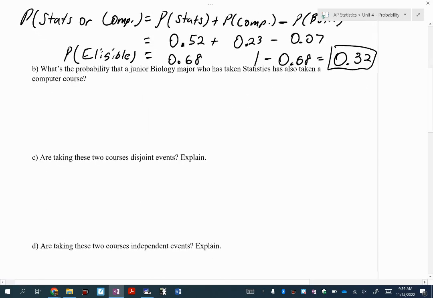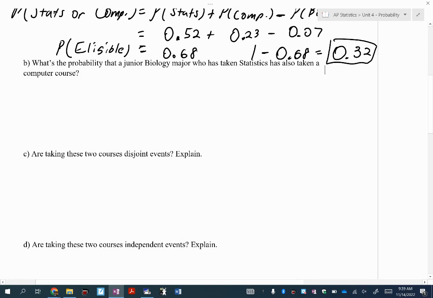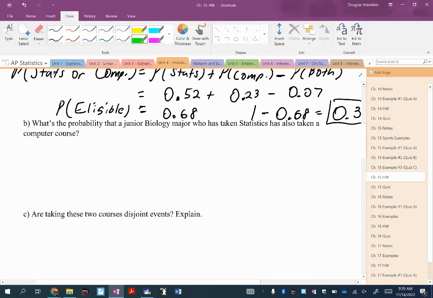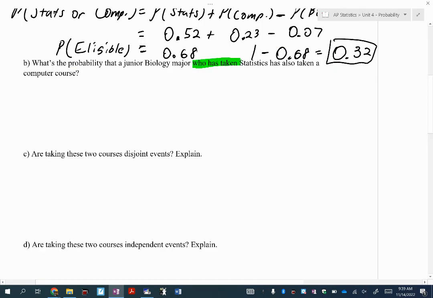All right, B. What's the probability that a junior bio major who has taken statistics? So when I read this, I try to make it clear, right? They're telling me what right now? This student, or these students, have taken statistics. When you read something like this, it's shouting at you, and maybe not yet, right?